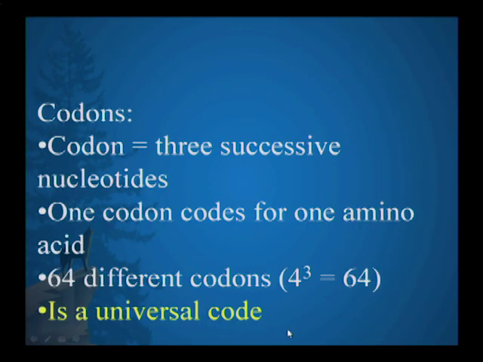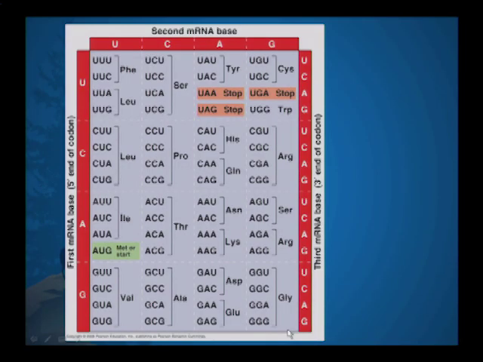Also, I think what's important to know about these codons is that it's a universal code. So a particular codon codes for a particular amino acid. And this code for the mRNA codons is universal. And so this is a chart we'll be using in a second, but part of what I want you to understand is it's showing us the 64 different codons here. And so what I mean by universal code is that when we look at mRNA, if I look at 5' CCU, that's going to code for proline.